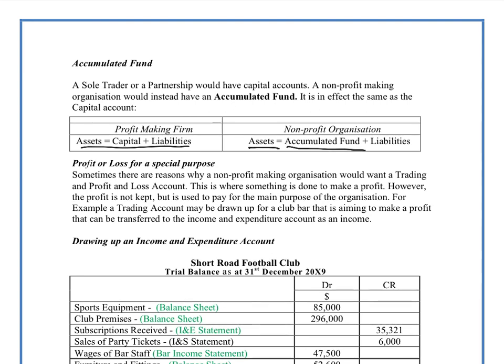So that fund, the money to pay for the non-profit organisation, would either have come from donations if it's a charity, or if it's a club like a football club, it would have come from subscriptions where people subscribe for the year to be able to play that sport or join that particular club. It could be a dancing club, I suppose. All right, plus the liability. So assets equal to accumulated funds from donations plus subscriptions plus the liabilities.